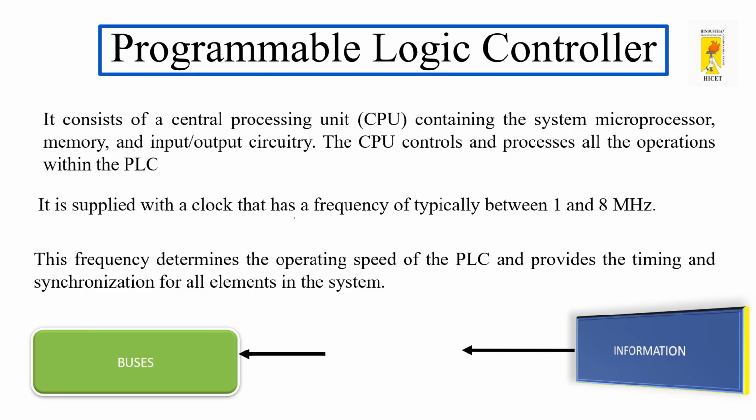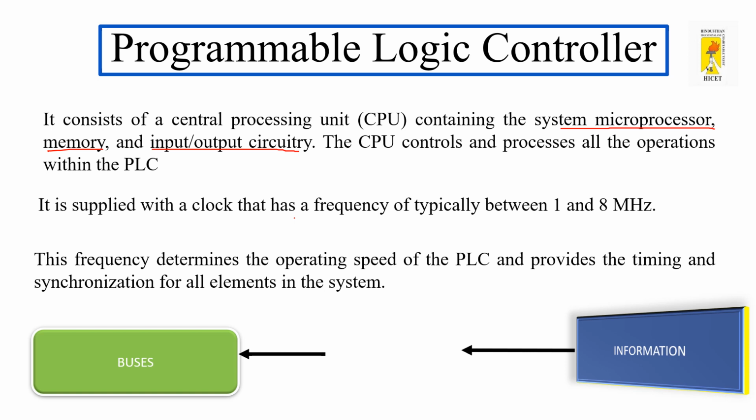The PLC has an important part called the CPU. The CPU is the brain of the PLC, and it consists of several devices that perform specific functions, namely the microprocessor, memory, and input-output circuitry.